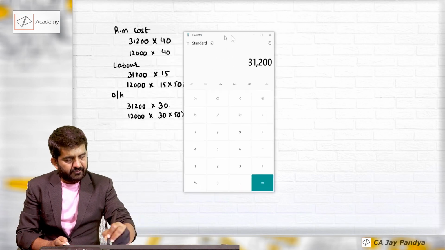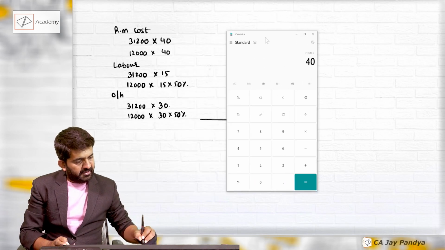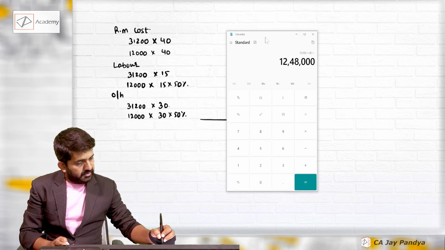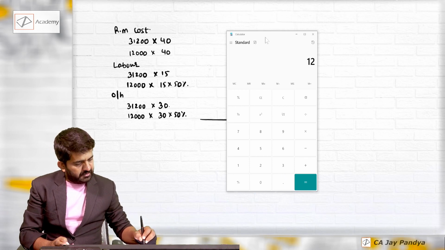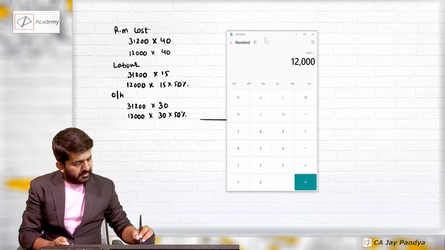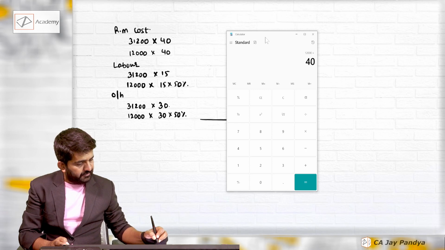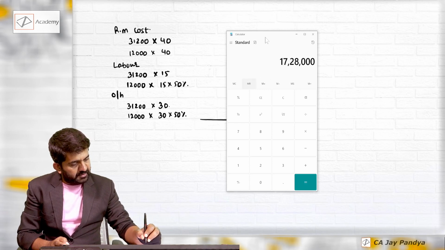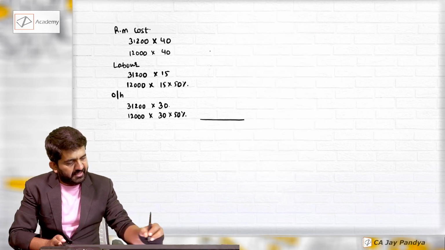31,200 multiplied by 40 plus 12,000 into 40, the raw material cost is 17,28,000.